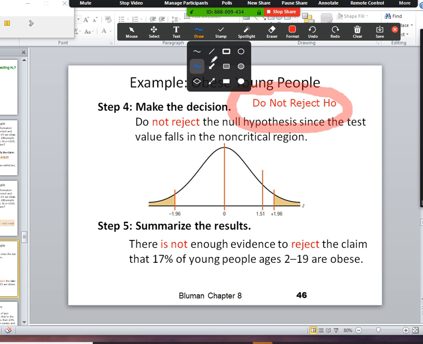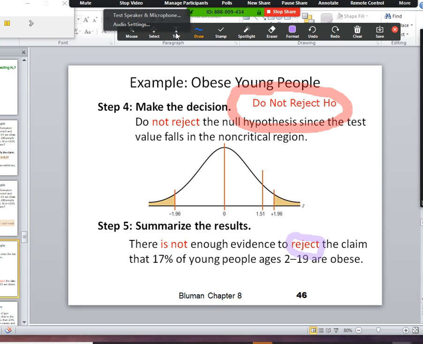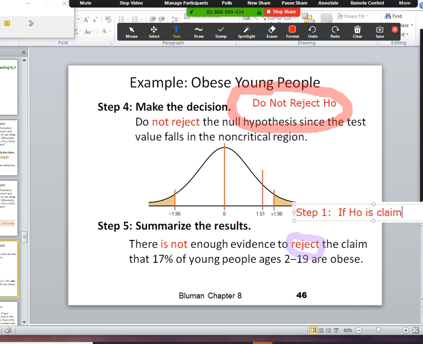Okay. Now you're going to look at these two pieces here. The first piece is this reject. Reject comes entirely from step 1. Step 1, if H naught is the claim, then you're going to use reject.